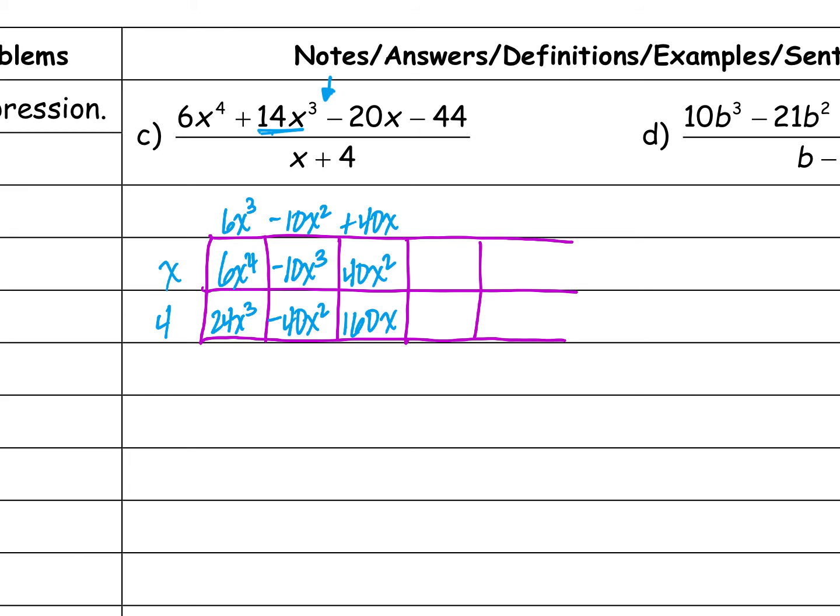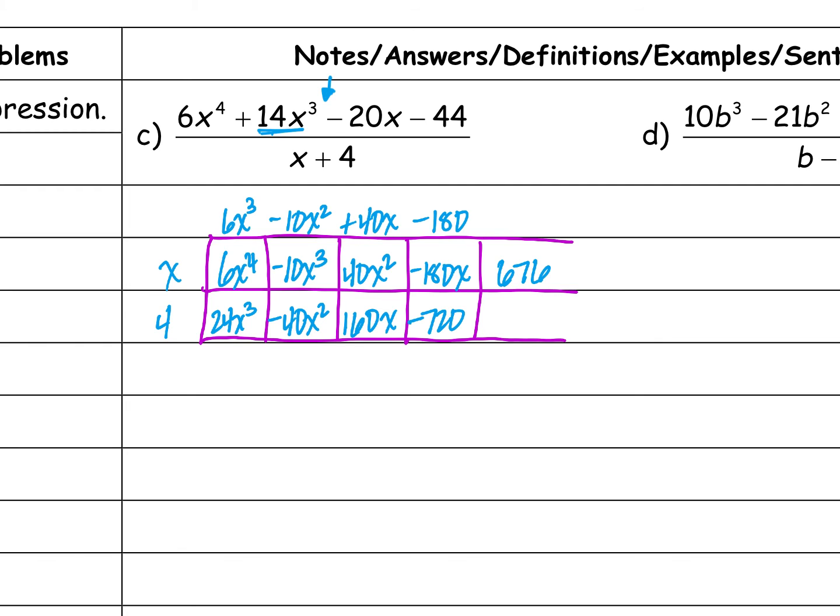What do I add to 160x? Negative 20x, negative 180x. It's minus 180. And my goodness, that's negative 720. And what do I add to negative 720 to get negative 44? 676. If you're having a hard time getting that number, this is what I do.